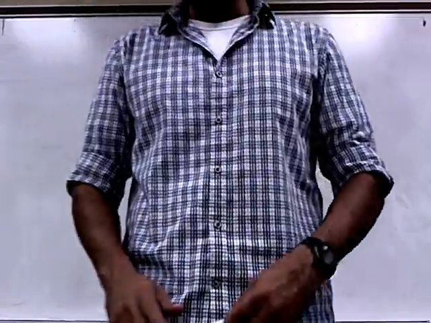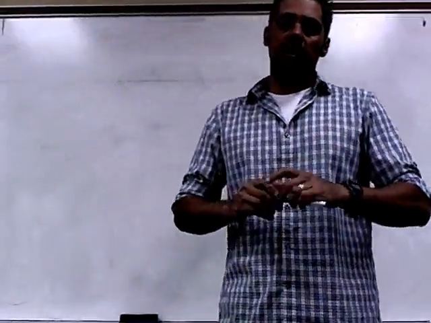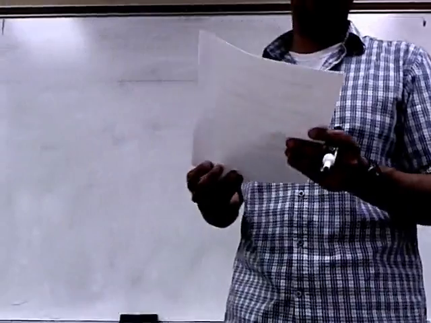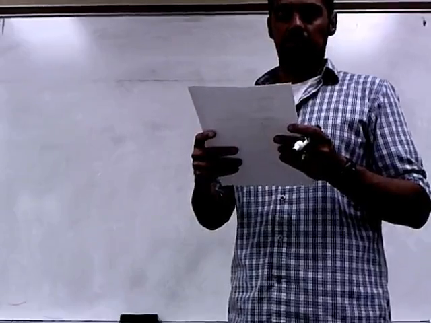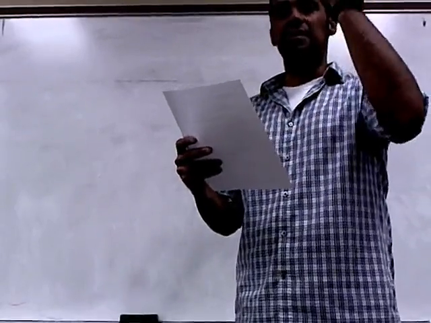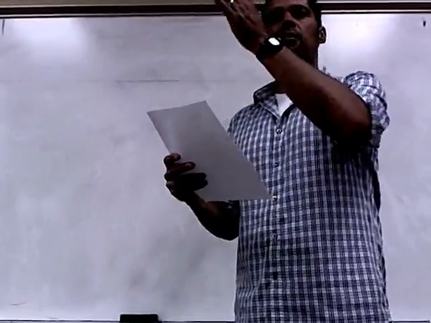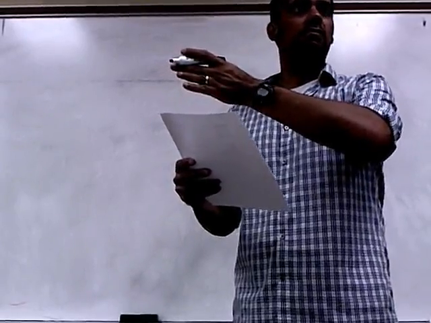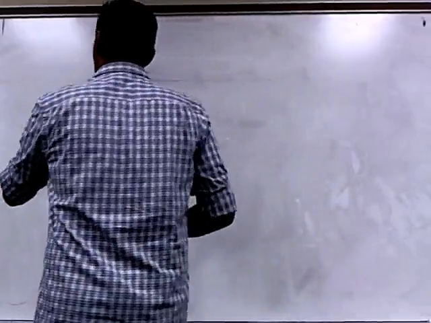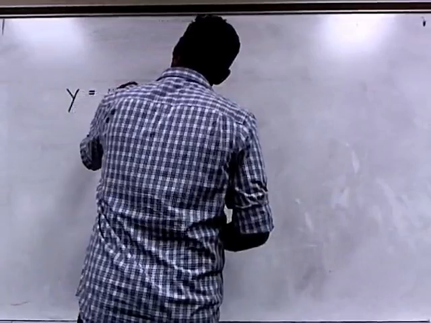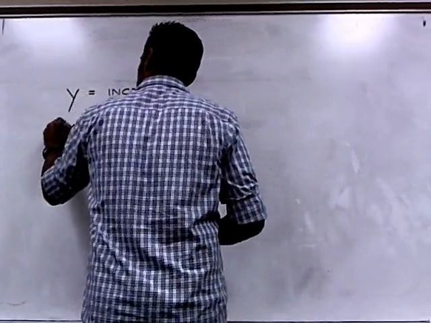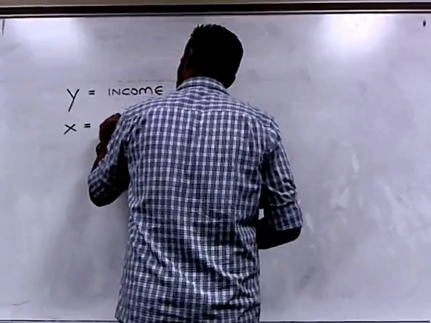Sketch the equation. So let's talk about what you're trying to find the equation of. The equation is supposed to connect her daily income to the number of bottles she sells, right? So let Y be equal to her income, and let X be equal to the number of bottles she sells.